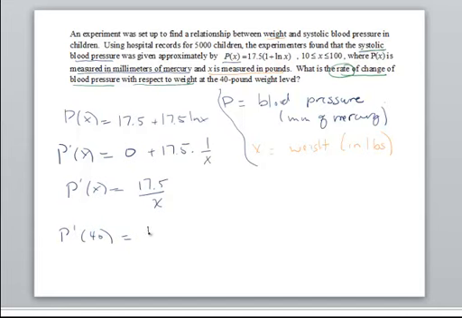I get 17.5 divided by 40, which is equal to 0.4375. So the rate of change is about 0.4375 millimeters of mercury per pound.